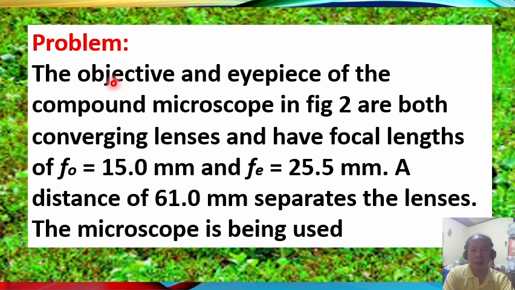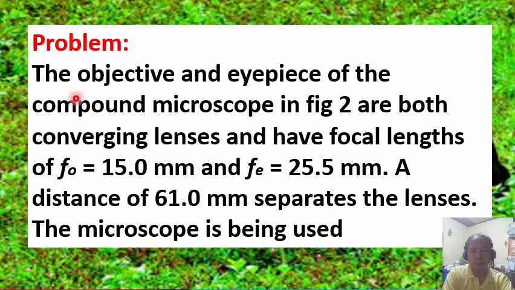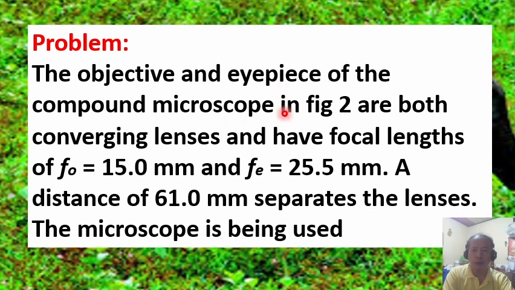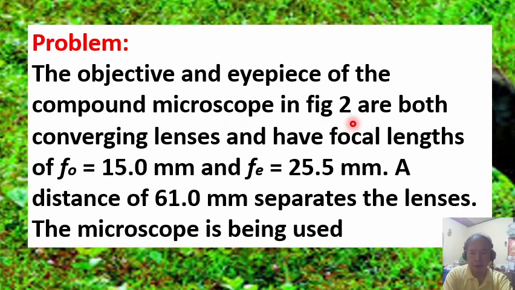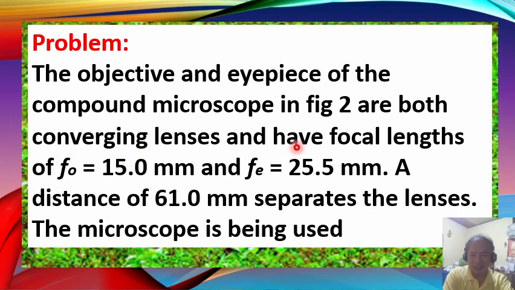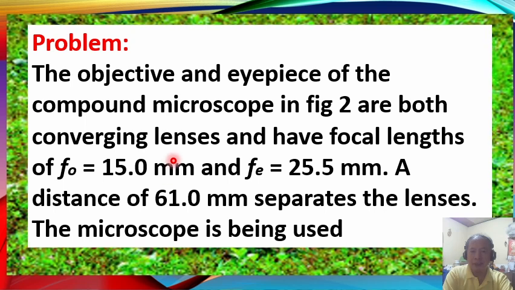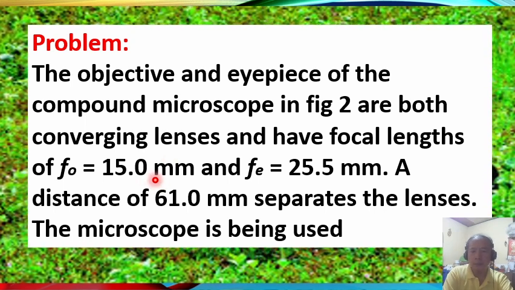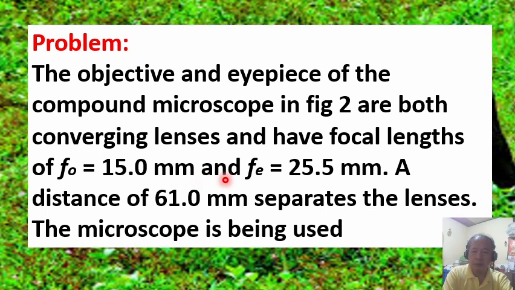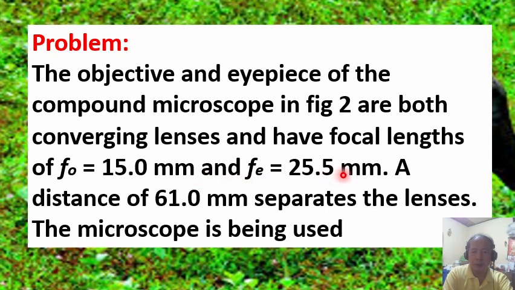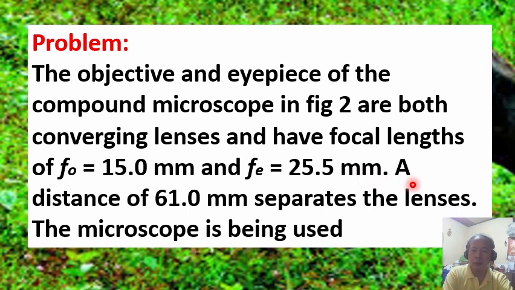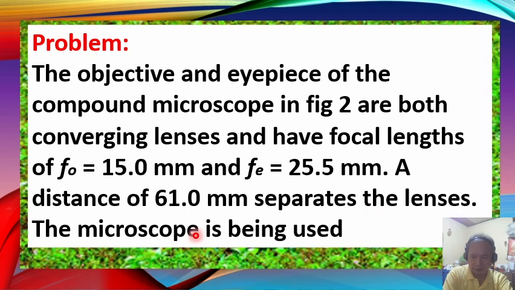So that brings us now to our problem. The objective and eyepiece of the compound microscope, all right, in the figure, are both converging lenses. And they have focal lengths of small letter f sub o, meaning the focal length of the objective equal to 15.0 millimeters, and small letter fe, or the focal length of the eyepiece equal to 25.5 millimeters.